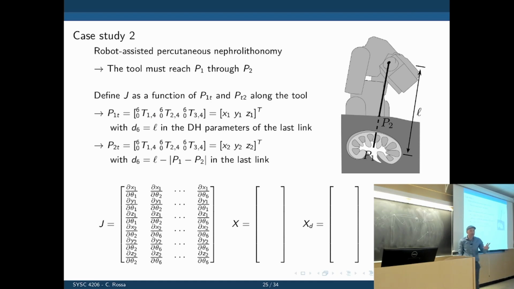So I can now define my cost function as the distance between two points in space: between the tooltip and P1, and between a point that is P1 minus P2 behind the tooltip and P2.